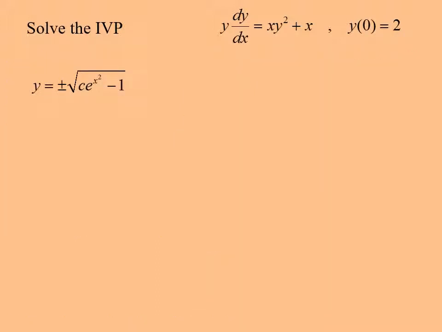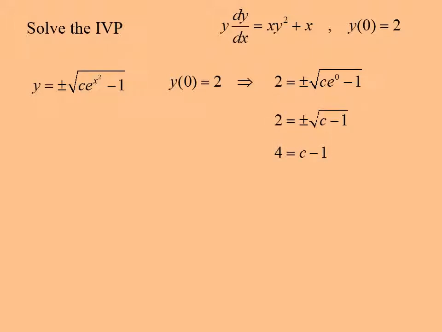Initial values, substituting a 0 for x and a 2 for y, and then trying to solve for the c, we come up with c times e to the 0, which is c times 1, or c, square root of c minus 1, plus or minus, is equal to 2. Well, if we square both sides, it doesn't matter about the plus or minus. It's going to come out with just the c minus 1.